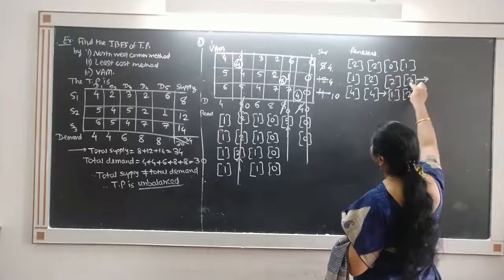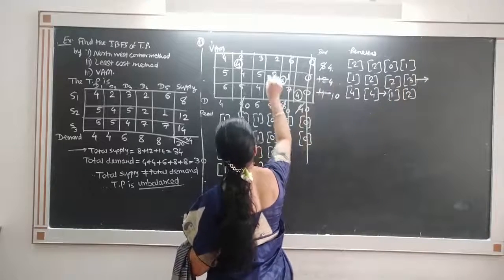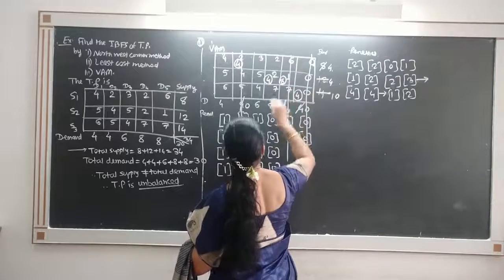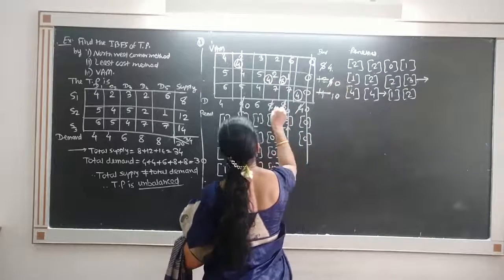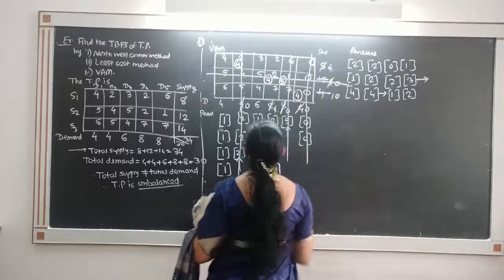Greatest penalty is 3. In that, least cost is 2. Allocate minimum of supply and demand, that is 4, becomes 0, remains 4 here. This becomes 0, so this row is crossed out.